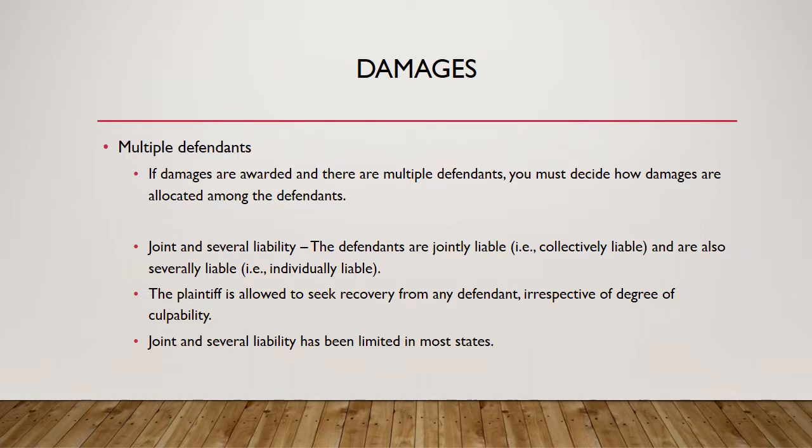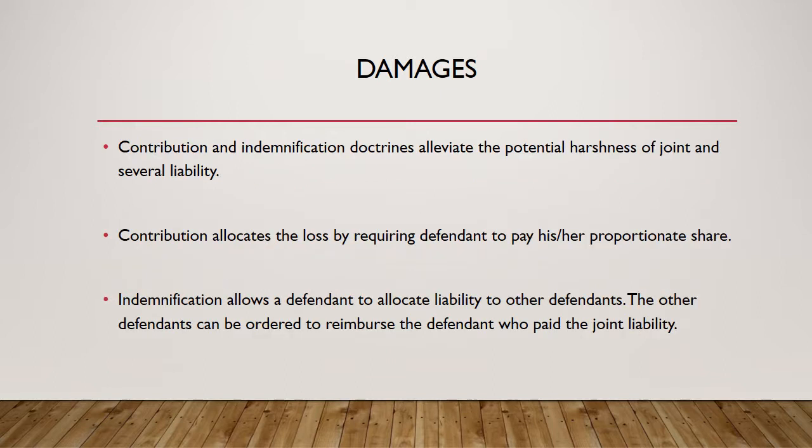Now, joint and several liability has been limited in most states. The contribution and indemnification doctrines are the reaction to help alleviate the harshness of the joint and several liability rule. And so contribution allocates the loss by requiring the defendant to pay his or her proportionate share. We talked about the doctrine of comparative fault.